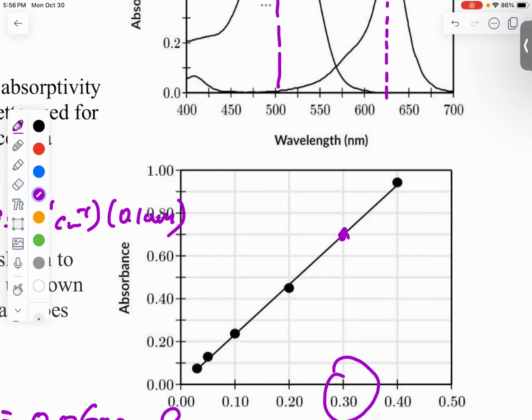Like 0.1, 0.2, 0.3, 0.4, for example. So if it is less, something's wrong with the solution, because everything else falls in place on the straight line. So it doesn't seem like the wavelength is a problem. If it is higher, then maybe the smudge or the grease on the cuvette could be the cause. But if it's below, yeah, the solution is messed up.